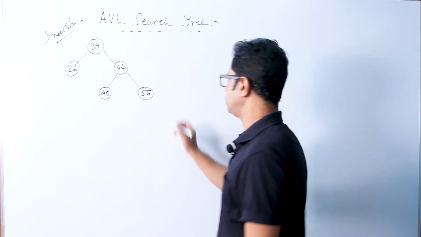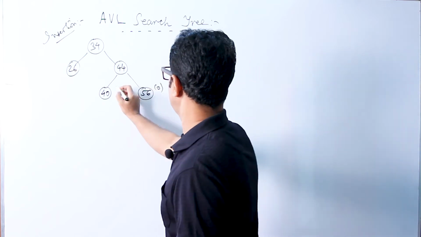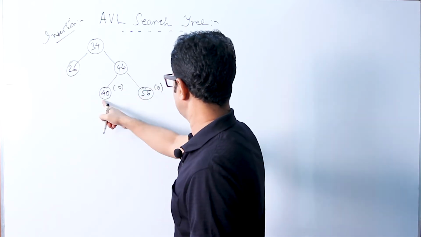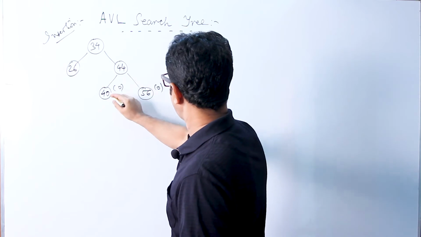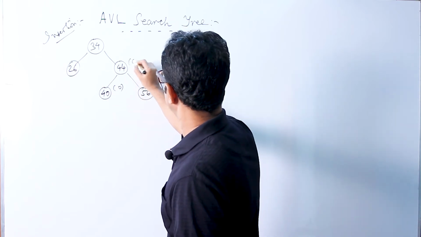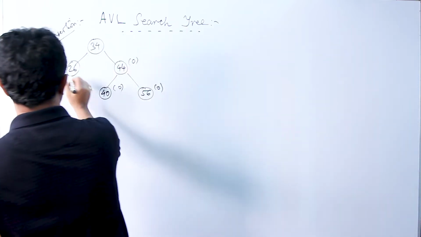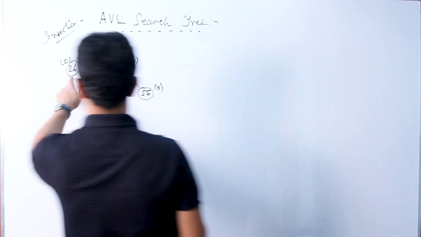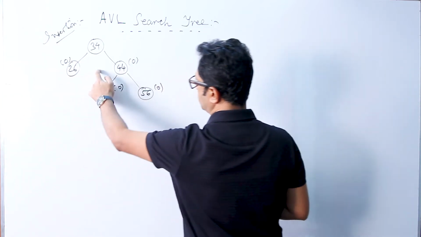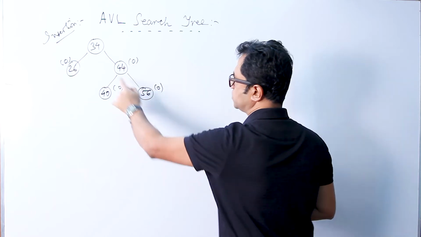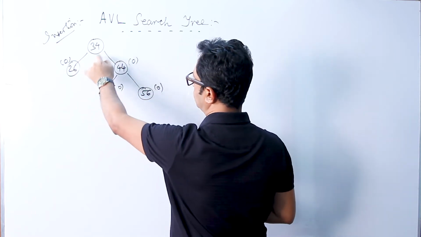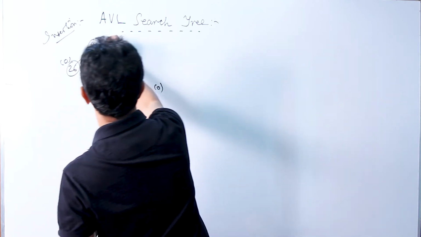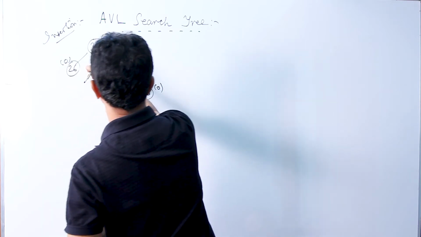So, 0 minus 0 gives a balance factor of 0. The same goes here, that is 0. Here 1 minus 1 gives a balance factor of 0 as well. Here 0 minus 0 gives 0, and here 1 is the height of the left subtree and 2 is the height of the right subtree. So, that gives a balance factor of 1 minus 2, that is minus 1, for this node containing the value 34.